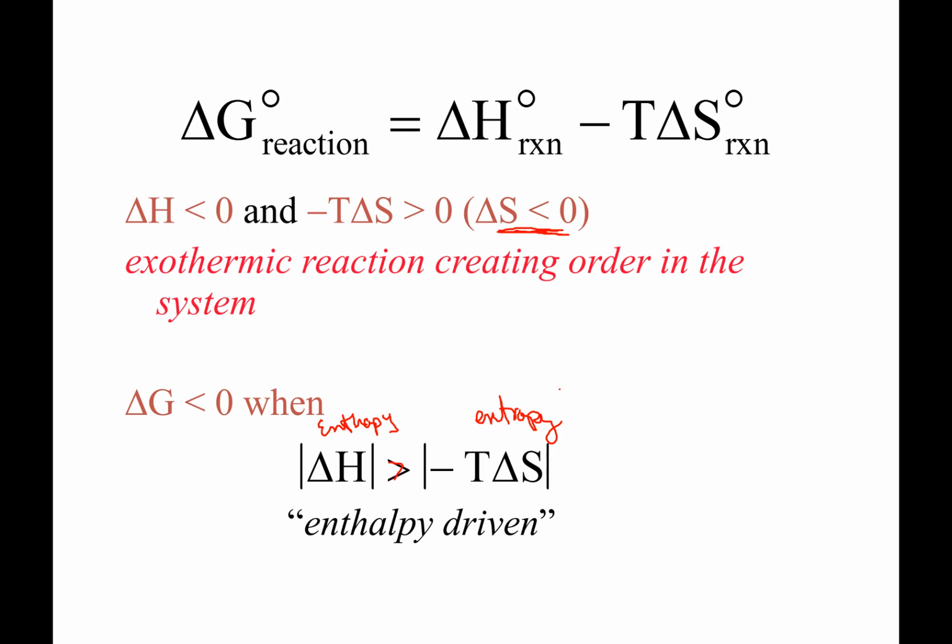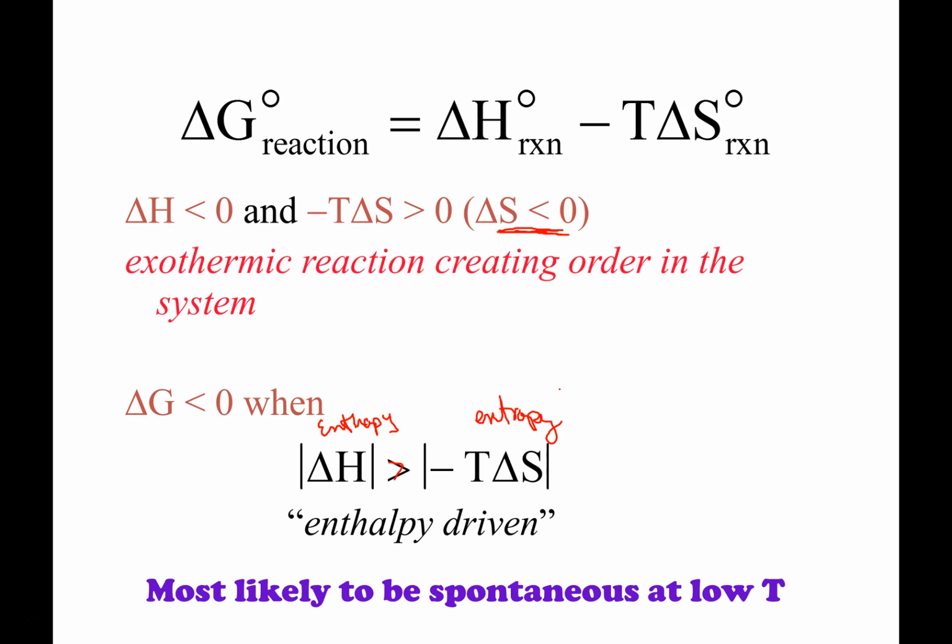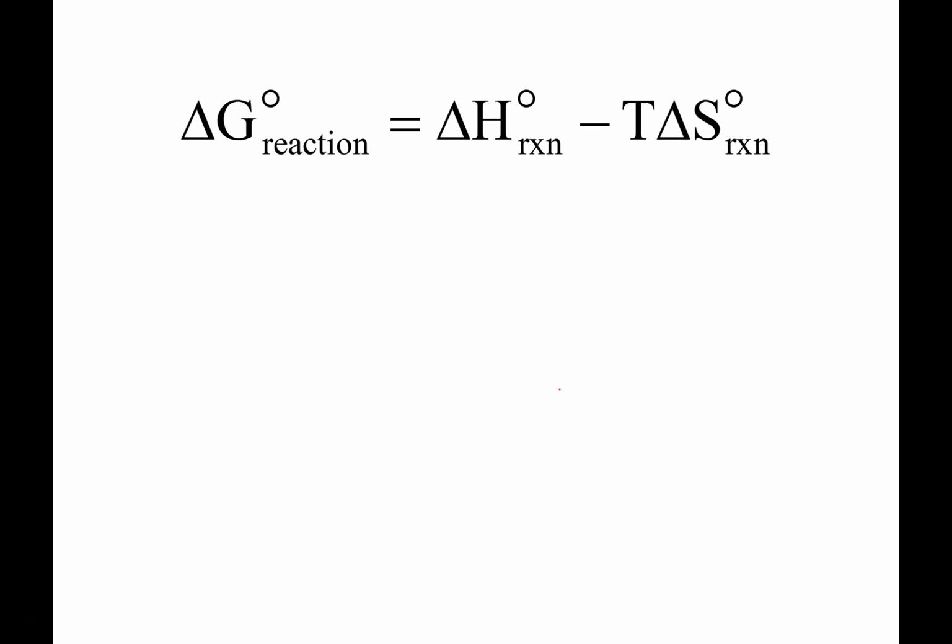Now, do you guys buy this, that won't necessarily be the case? Because if your temperature gets very high, look what happens here. This absolute value of the temperature times the entropy will be larger than your delta H. In that case, if temperature is too high, you're going to end up with a positive delta G, and it won't be spontaneous. Okay, so that's the second of 4.